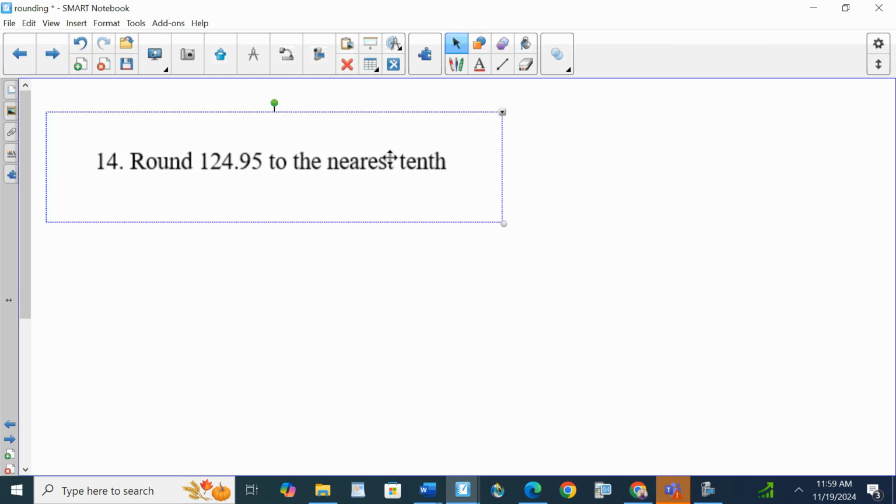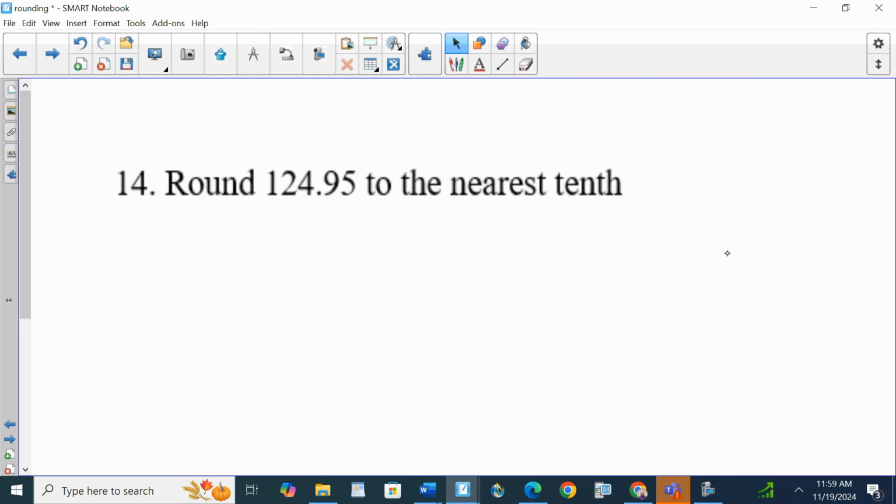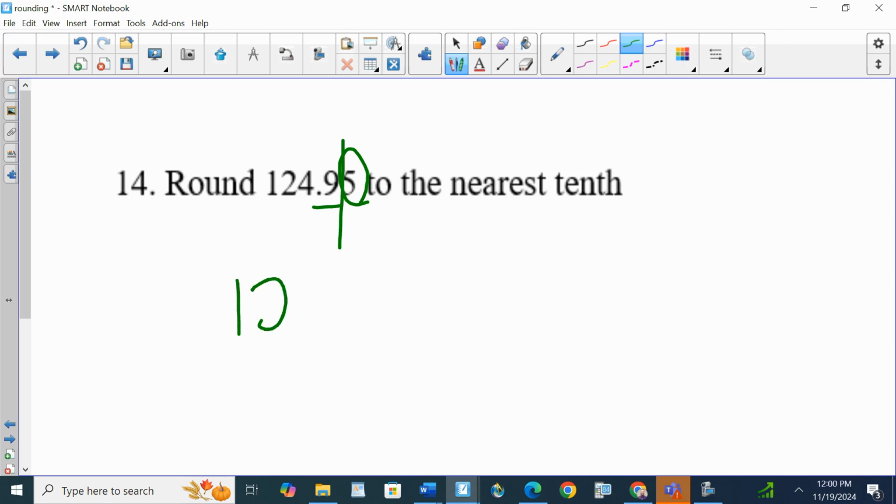Number 14, 124.95 to the nearest tenth. I underline the digit in the tenth spot. I draw a line after it. I'm looking at 124.9. Is the next digit 5 or higher? Yes. So when you round that up, forget about the decimal. Look at it as one big number. Ignore the decimal.